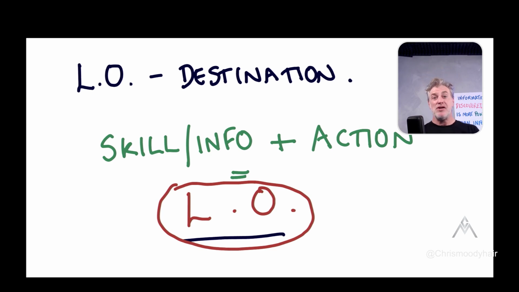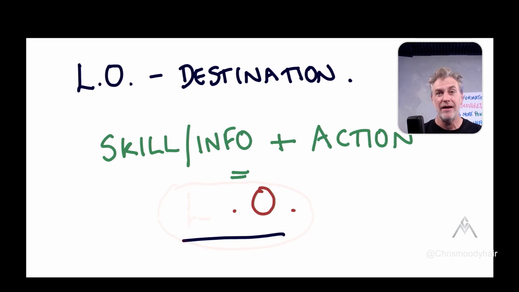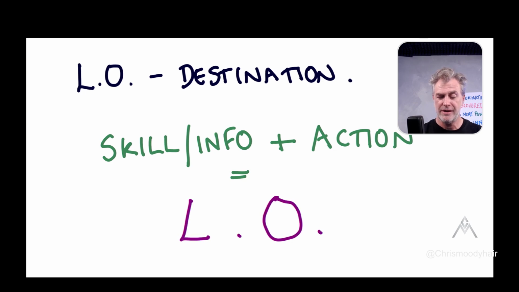If that's where the room wants to go, then that's okay, because you can switch out this learning objective and create a brand new one and say, okay, time out. We were going to talk about this, but now I think it's going to be better if we talk about this instead.